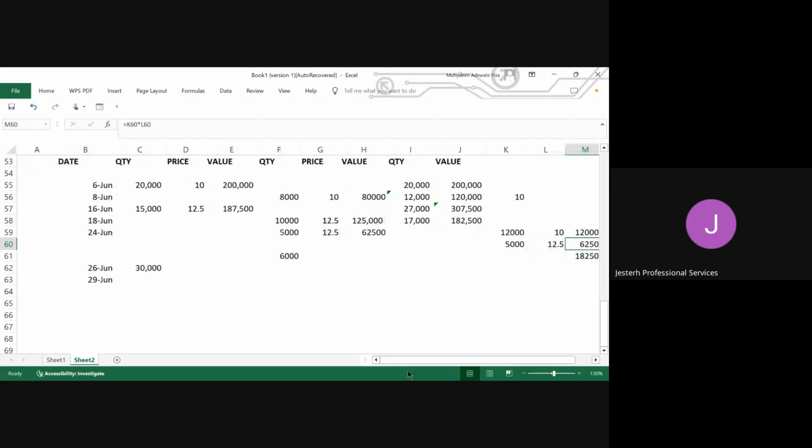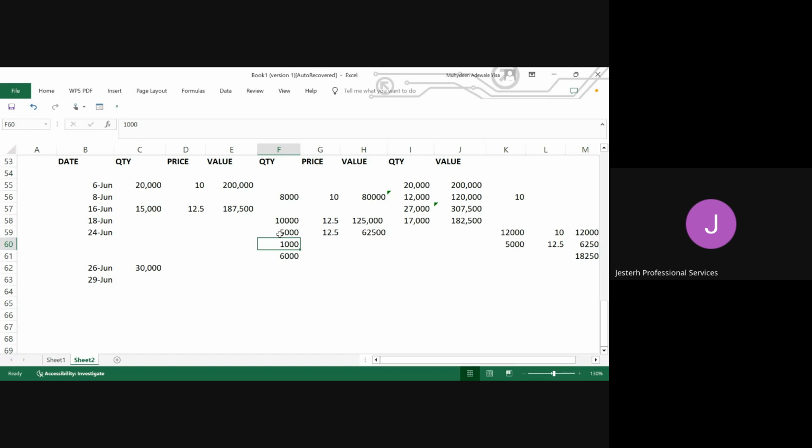But what we are required to issue out is 6,000, which is what the production department required, and we need to issue everything. Now it's remaining 1,000. And we have issued out all the material that we purchased last, from the 16th.